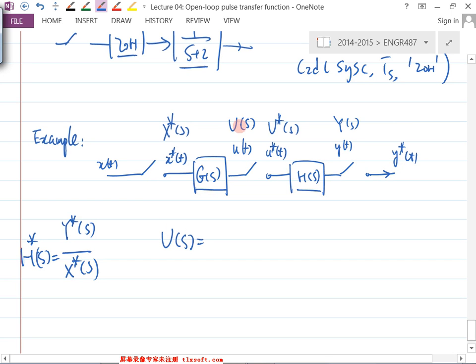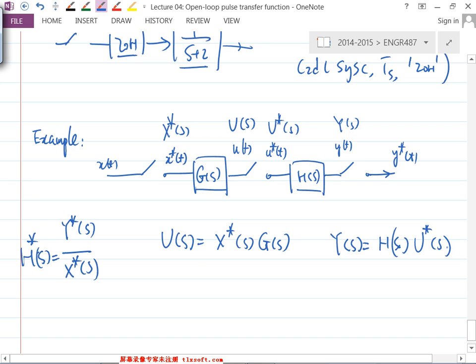U of s equals this block times this block, right? And what will be the y of s? It's h of s times this guy here, which is u star of s, right?